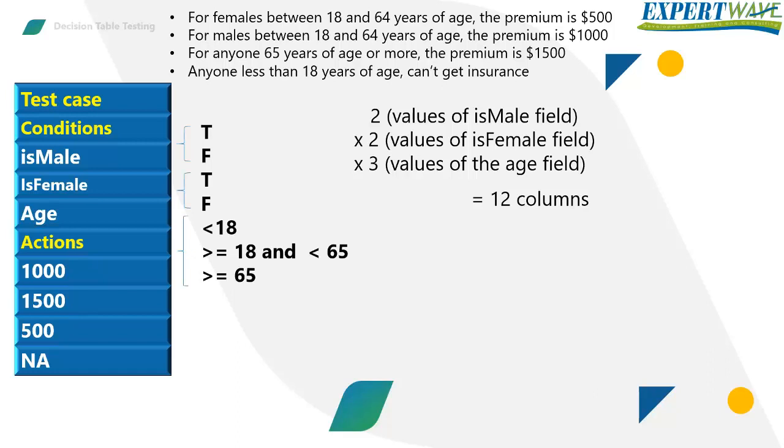So let's not get into sexual orientation discussions again, but according to the ISTQB, this is not possible. Same thing when columns hold is male equals false and is female equals false. The person is not a male nor female. Well, we don't insure aliens in this company, so this is not possible as well.